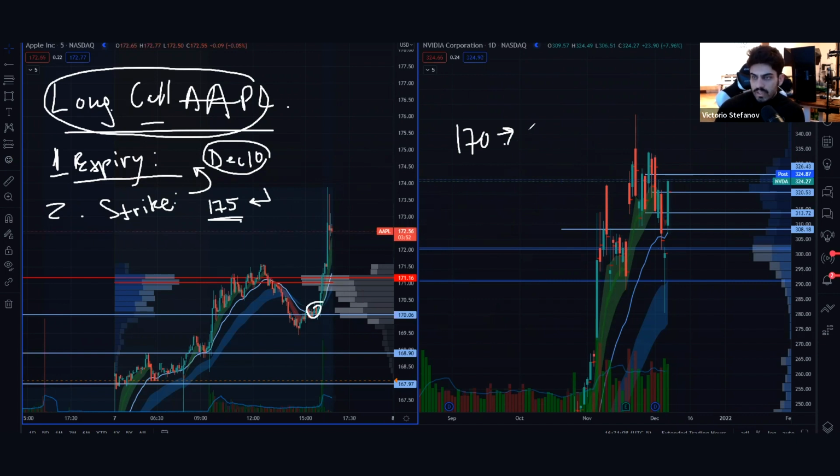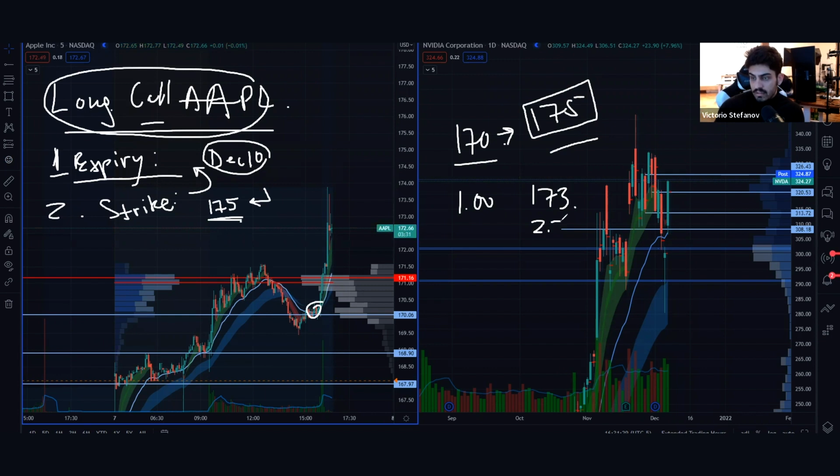The closer we get to 175, the closer at the money or in the money this option is going to be. That means that someone is willing to pay more than $1, right? If this is $1, right, at 170, if Apple goes up to 173, right, this might be now worth $2, or at least it would be like $3.50, whatever that would be.